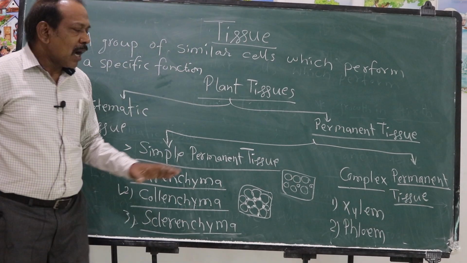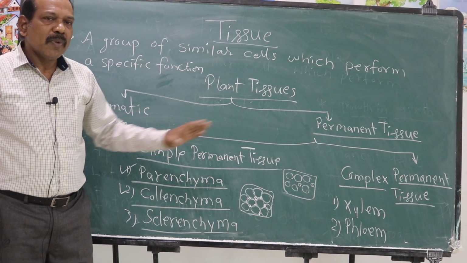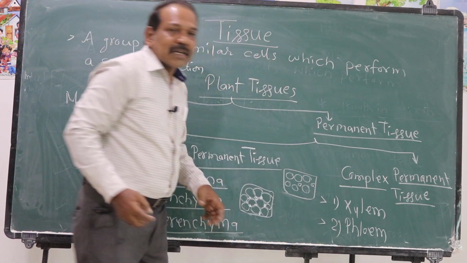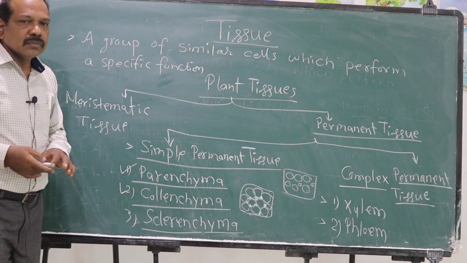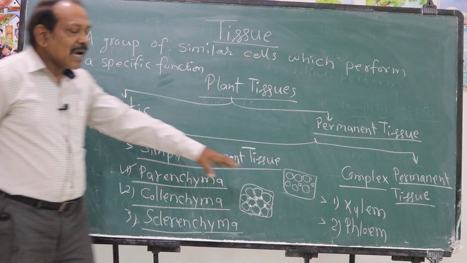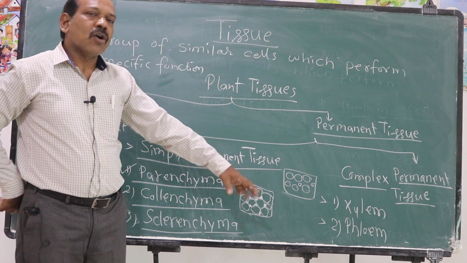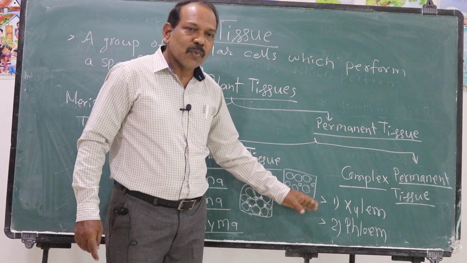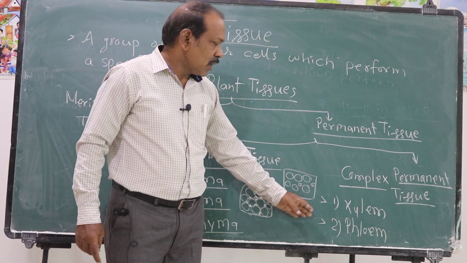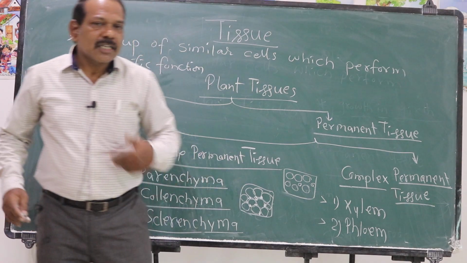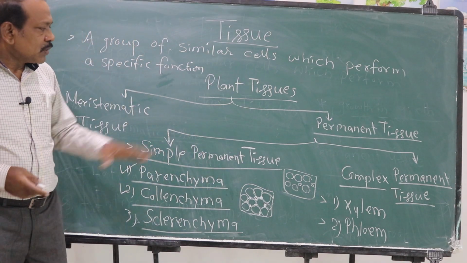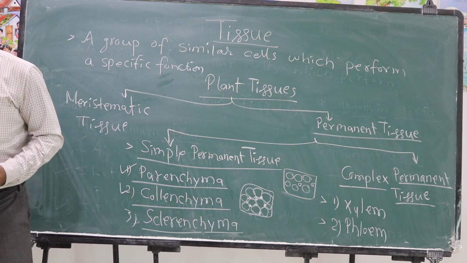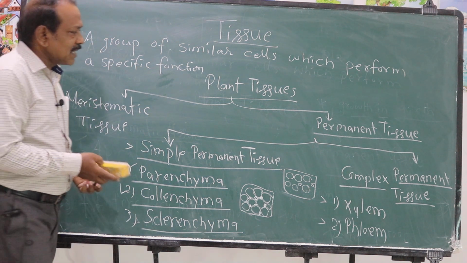Xylem and phloem are two types of complex permanent tissue. This tissue particularly performs the function of transporting food. So it's called vascular tissue, or commonly called vascular bundles. Xylem and phloem are called vascular bundles or vascular tissue, and their function is transporting food and water in the plants. So let us try to understand more details of complex permanent tissue. What is the structure? What are the different types of cells present in them?